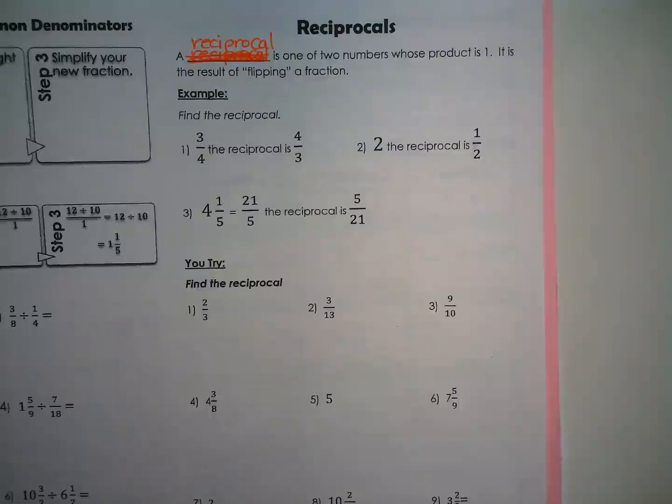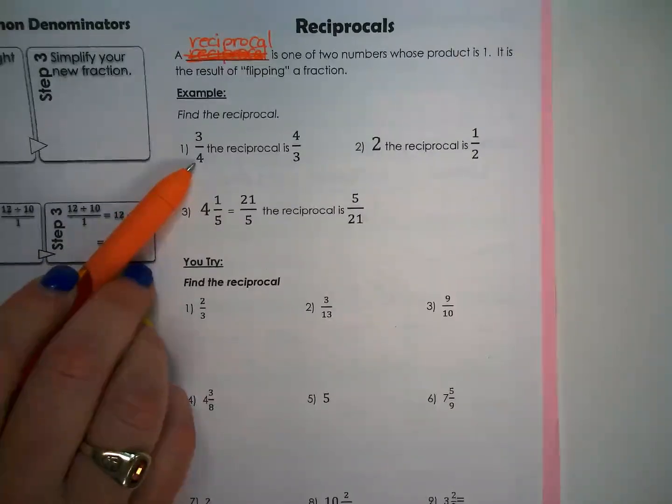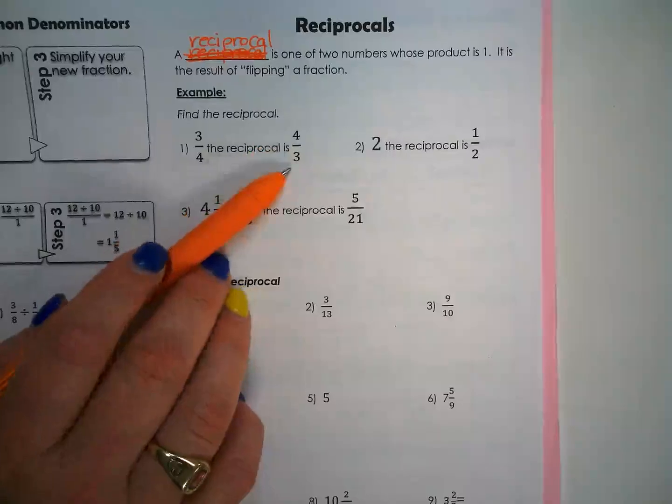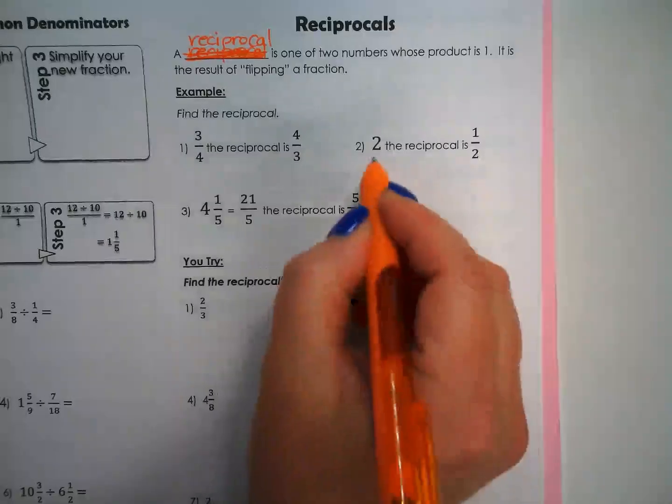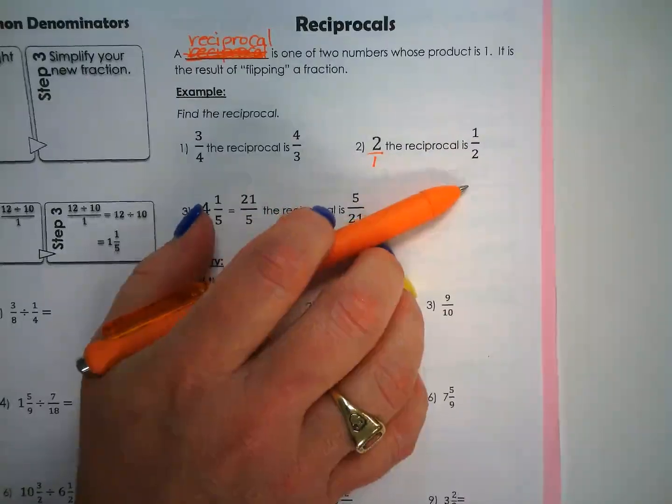So if we multiply them together, we get 1. It is the result of basically flipping over a fraction, exchanging the numerators and the denominators. So for example, 3/4, its reciprocal is 4/3. And 2 is really 2 over 1. When I flip that over, it becomes 1 over 2. And that's a really important concept.